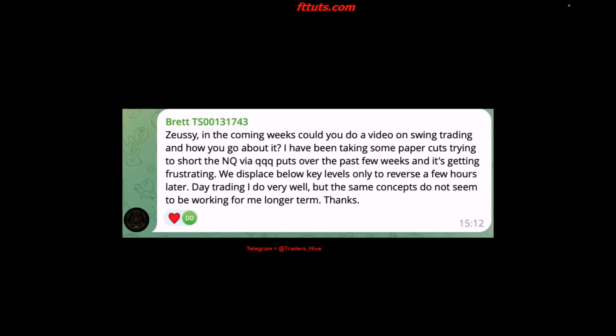No, it was not, because intermarket relationship has been absolutely terrible when it comes to looking at, for example, the index futures in correlation to the dollar. Because that is the case, the probabilities of swing trading decrease significantly. That's why we also saw some very nasty delivery profiles on the higher time frames. But a swing trading model will be shared one day. However, I still want to answer this question.